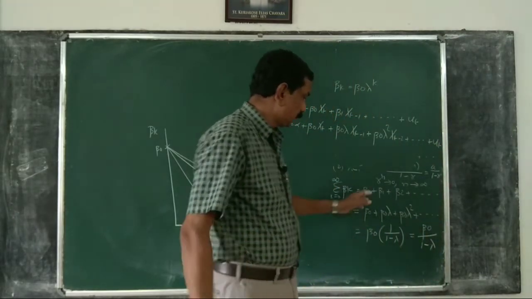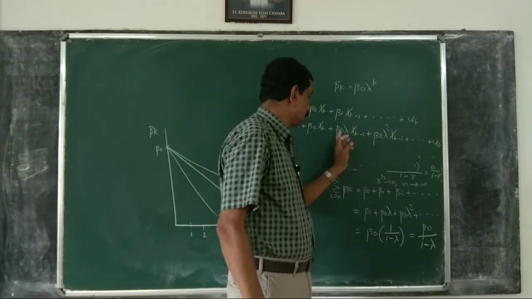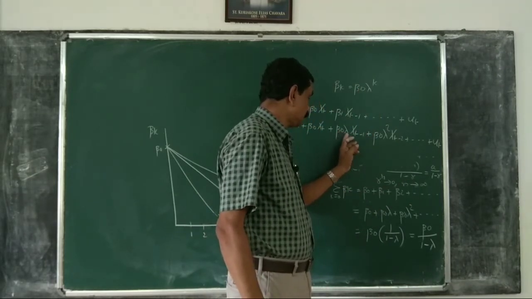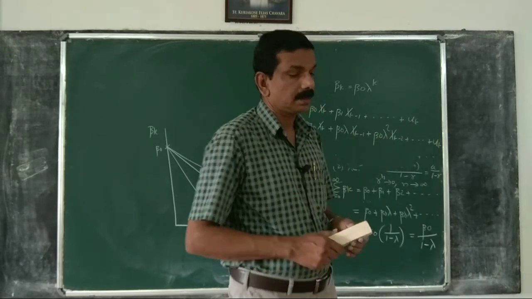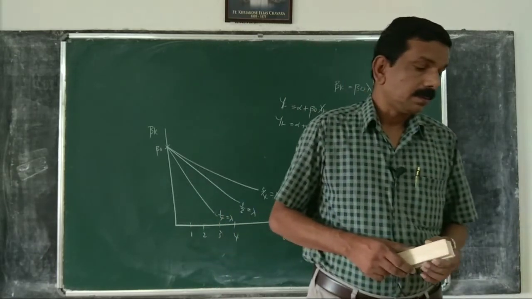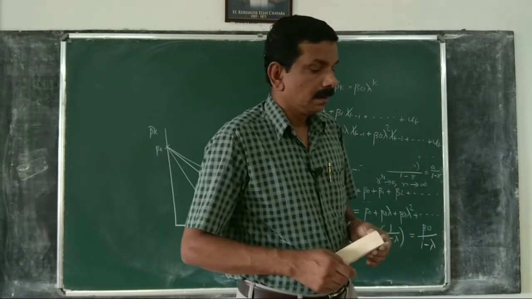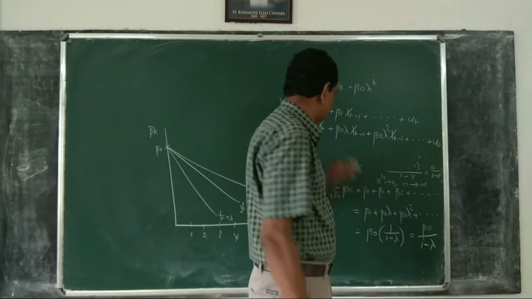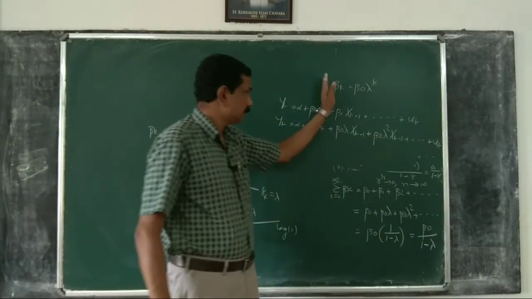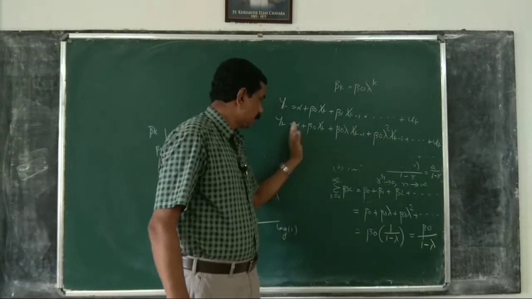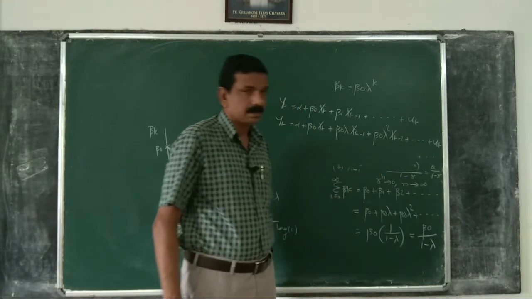Using this, we rewrite the model with beta 1 as beta 0 lambda, beta 2 as beta 0 lambda square, etc. So this is our model. Now this is the original model we have considered. Using the Koyck scheme, it has been rewritten like this.